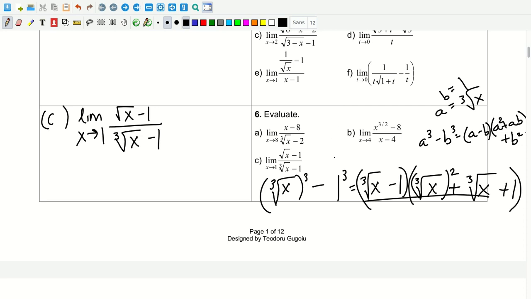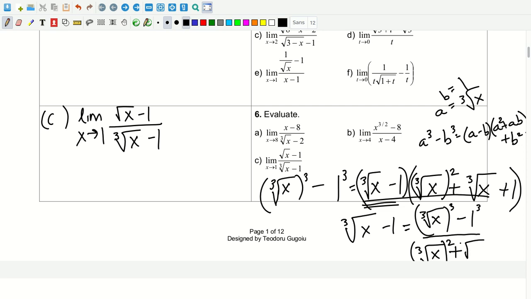Now the reason why that's important is because I can rearrange for this factor, which appears in my question. So this is going to be such that root x minus 1 equals cubed root of x cubed minus 1 cubed, or just 1, over this monstrosity.